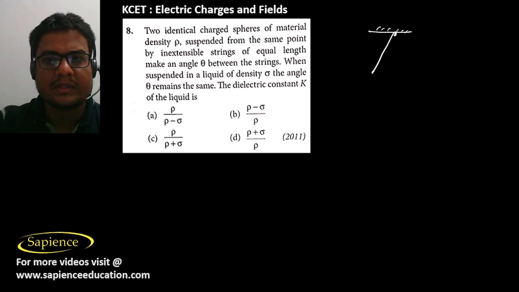They are being suspended by equal strings, two identical charged spheres. Their material density is rho. They are identical also, it means their radii are also the same. Radius is r.